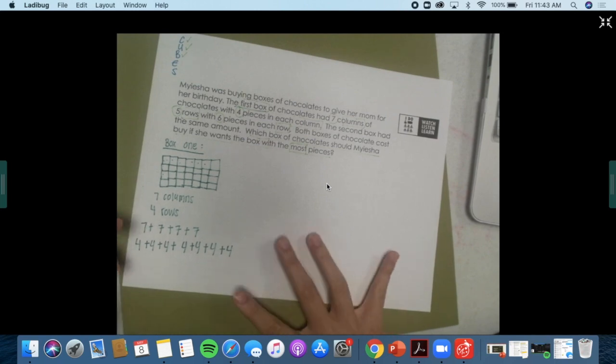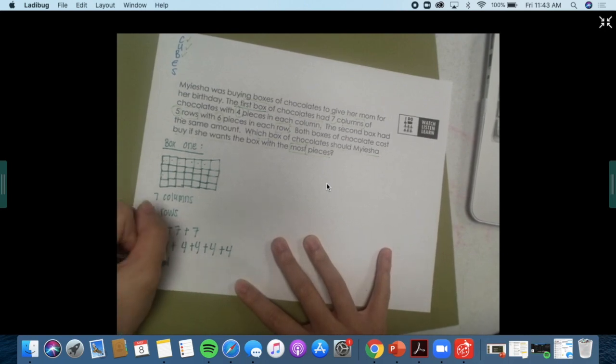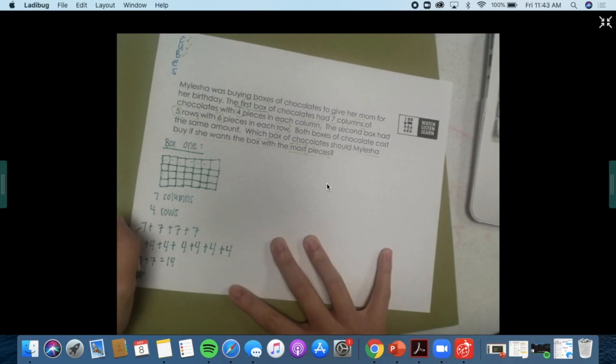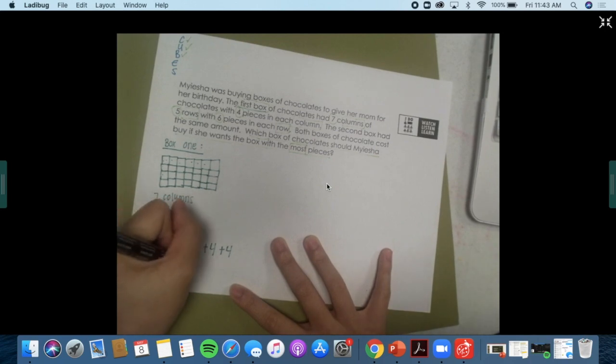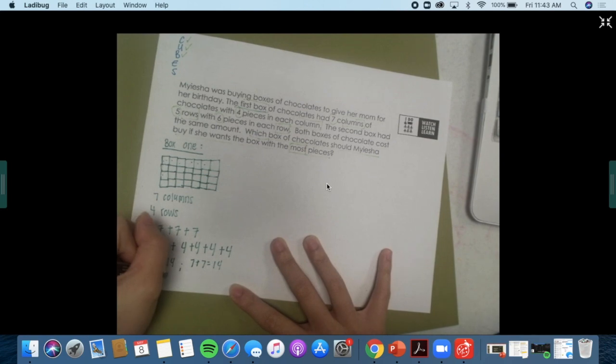And I'm going to do 7 plus 7 because I know 7 plus 7 is 14. I'm going to drag it down and go 7 plus 7 is 14, and there's 4 of them. So I could do another 7 plus 7 is 14. So then 14 plus 14 is 28. So in box 1, there's 28 chocolates.